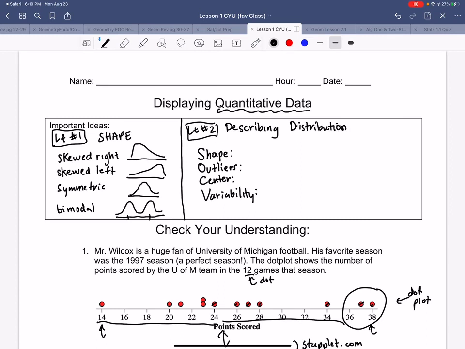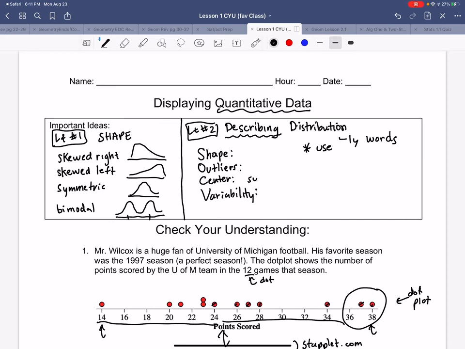Okay, so how do we go about doing that? We want to, in general, use LY words, okay? Because we're describing, right? Use descriptive words, adverbs, adjectives.